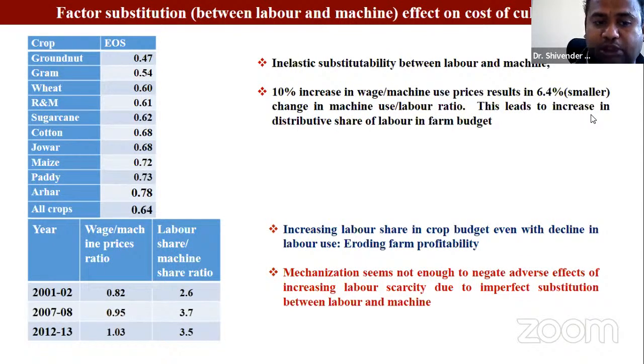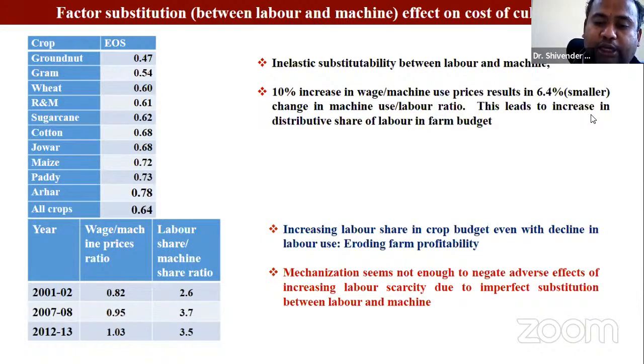Okay, so a substitution elasticity less than one means that if there is a 10% increase in the relative prices of labor and machine, it will lead to less than 10%, only a 6.4% change in the ratio of machine to labor, which in other words will lead to an increase in the share of labor in the farm budget. In the simple sense, farm mechanization is taking place, but it is not completely able to substitute labor, or at least to that extent, and so it will have some impact on the cost of cultivation.